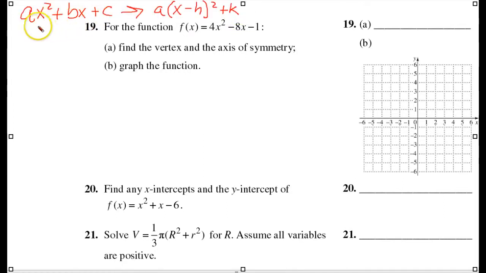And that is that here is your standard form of the quadratic expression or equation, and this is the modification of that into the vertex formula.